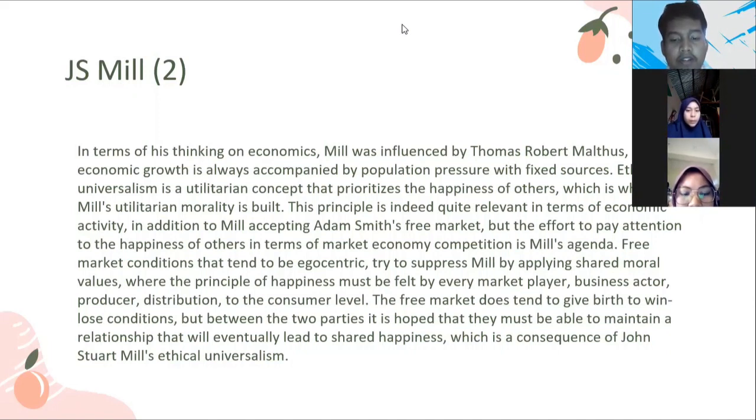While the free market tends to lead to an unsuccessful condition, the two parties are expected to be able to maintain a relationship that will eventually lead to mutual happiness, a consequence of John Stuart Mill's ethical universalism.